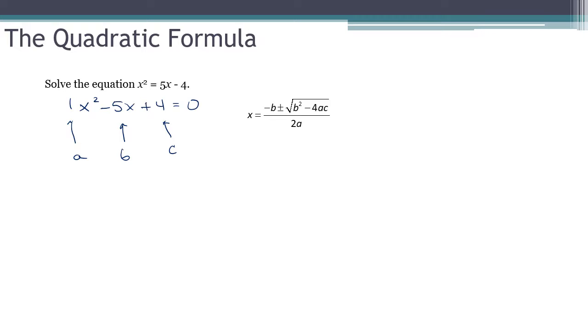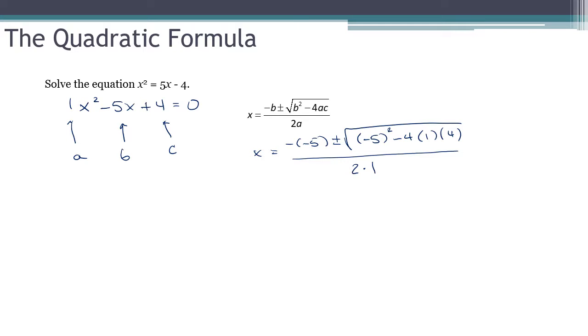So let's put these numbers in here. x equals, careful now, negative 5 plus or minus the square root of negative 5 squared. Add those parentheses. That's going to be important here in a minute. Minus 4 times 1 times 4, square root of this, over 2 times 1.